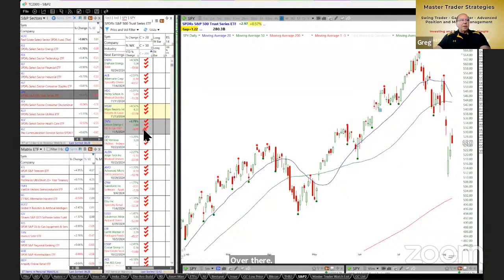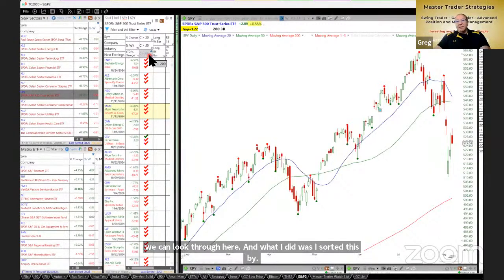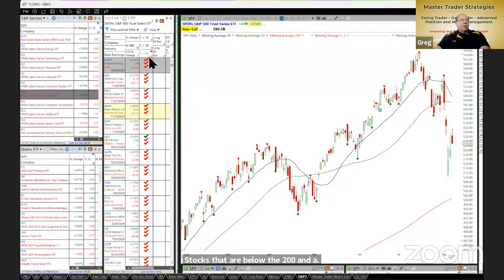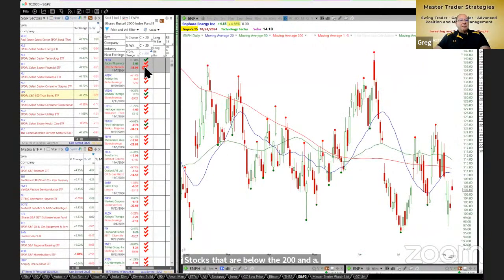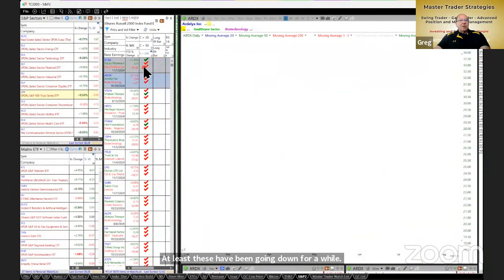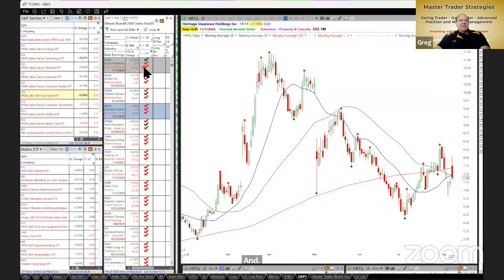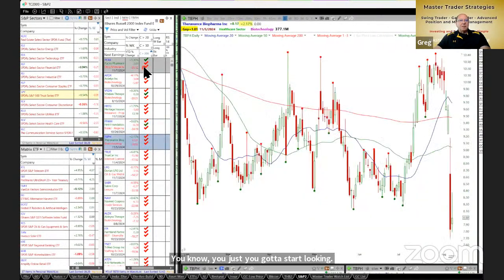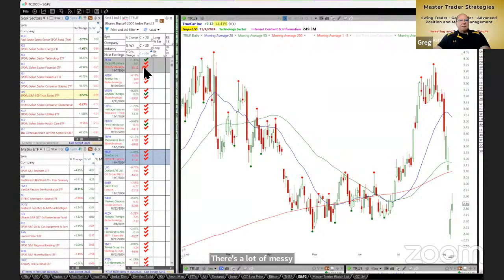So we could look through here, and what I did was I sorted this by stocks that are below their 200 MA, thinking, all right, at least these have been going down for a while, and you've got to start looking. There's a lot of messy charts. You can see all of these are terribly messy.